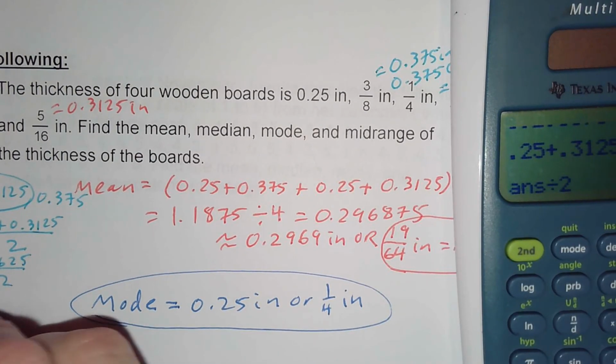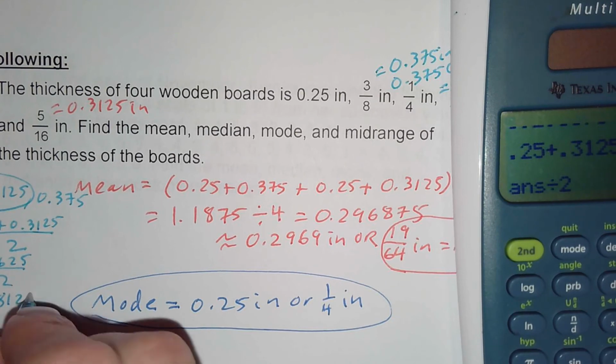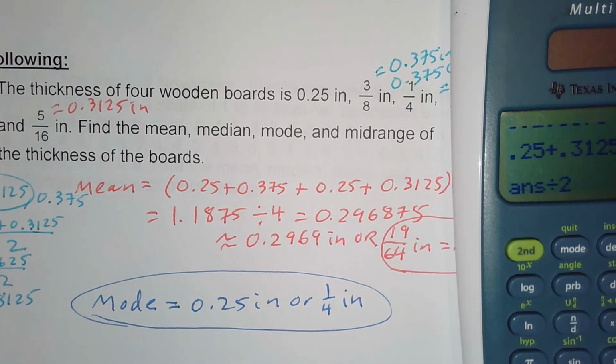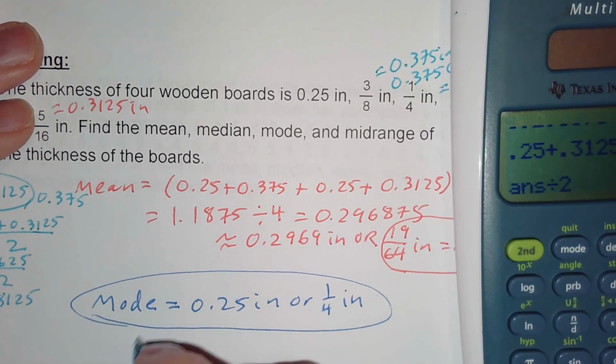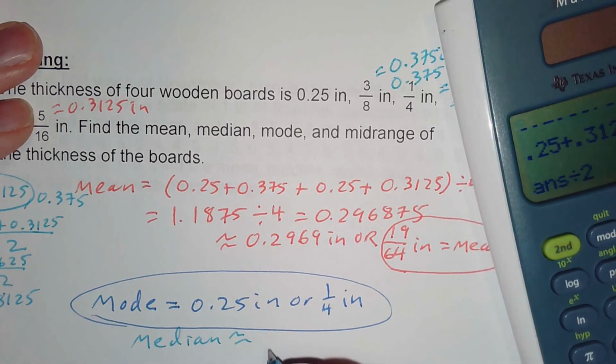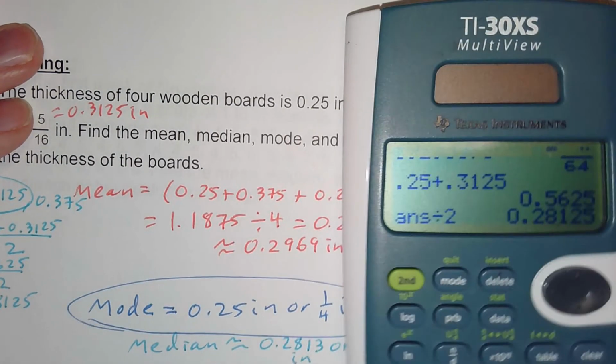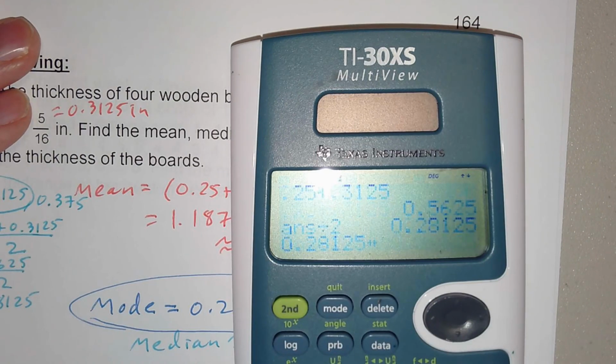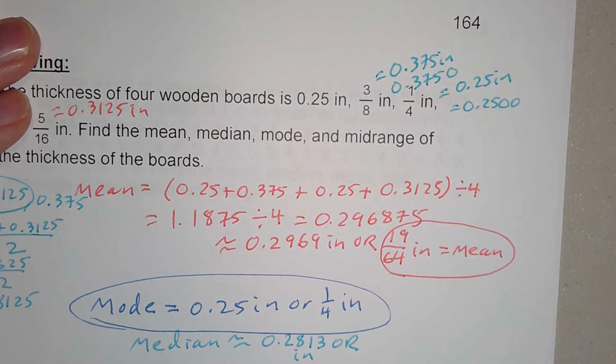So that'd be 0.28125. So our median, if we round that off to 4 places, would be 0.2813, or if we need a fraction, I just hit the double arrow key, 9/32. So again, just pay attention in MyLabs Plus which one they need.